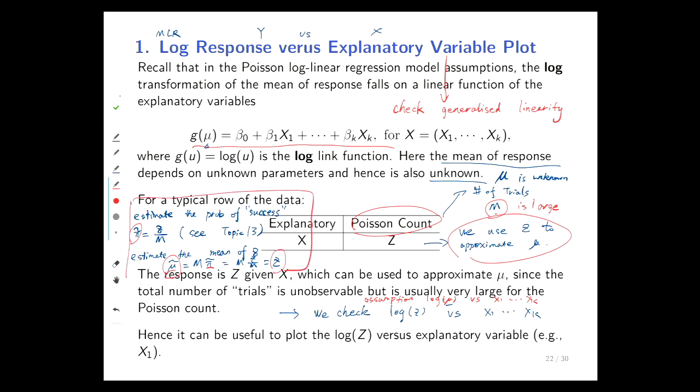And this part is we use the binomial idea to understand Poisson count. I think it's also beyond the scope of this course, but I can give you a very brief idea here to explain why we use z to approximate mu in this case.